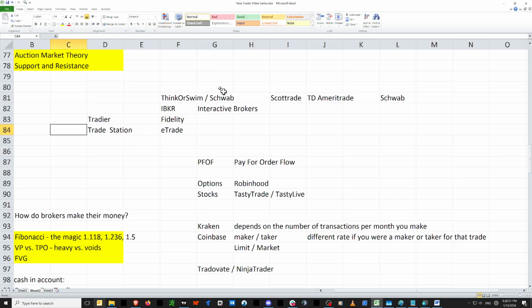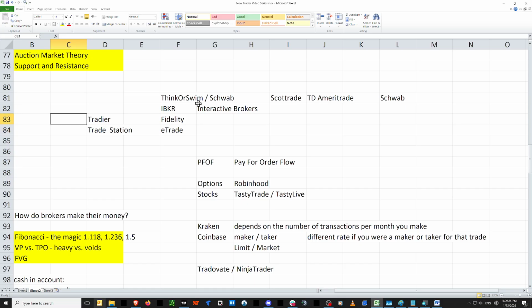I don't know if TradeStation is as old as Fidelity and all these others here, but they've been around for a while. But Tradier's relatively new at the time of this recording. The difference here, though, with Tradier and TradeStation specifically is that you have to set up a completely different account to trade futures. So you have one account for stocks and options, and the second account is for futures.